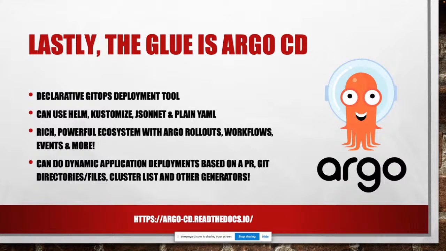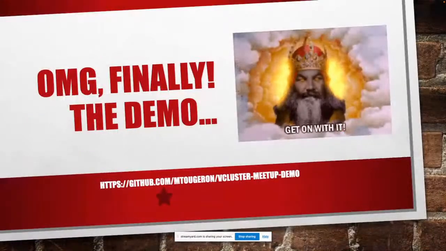But what's really cool is you can do automatic deployments based on things like a PR. So not just what manifests are in a Git repo, but when a PR is opened against a Git repo, I can do a deployment, which is really cool.